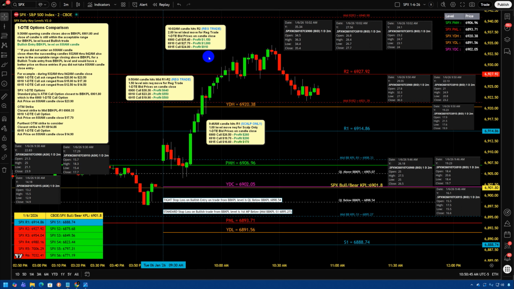So conversely, if price still is moving in your favor, with the 0DTEs you'll get a little more bang for your buck. If price is holding and continuing to move in your favor later on in the session, as far as cost versus outcome.